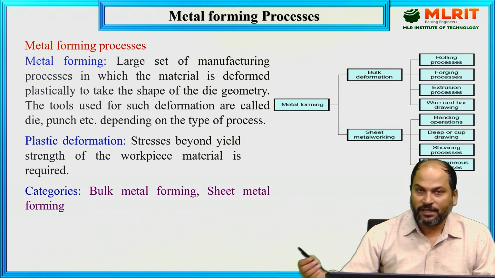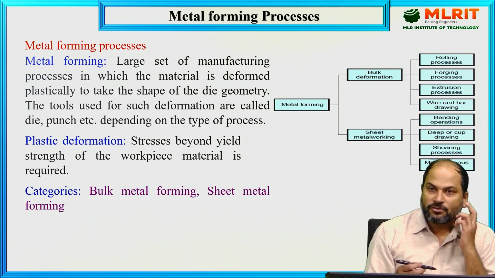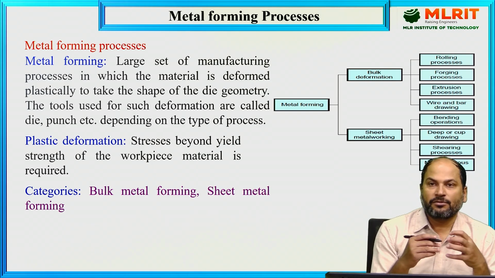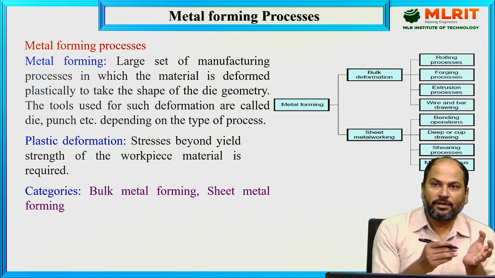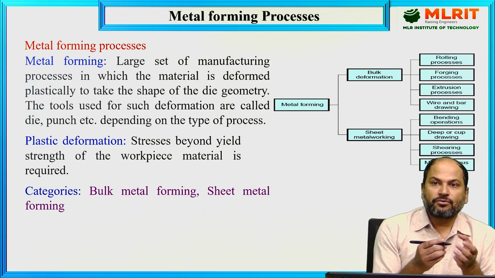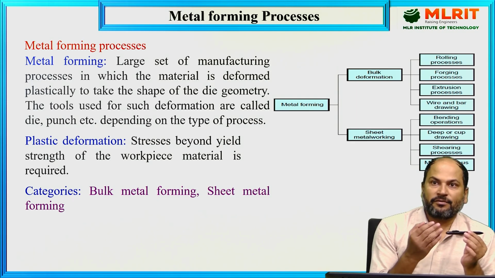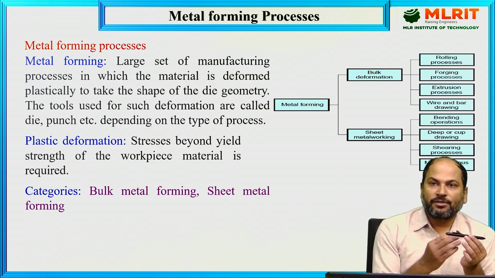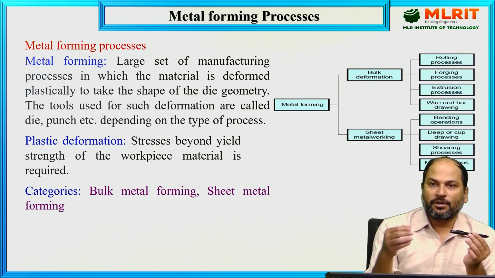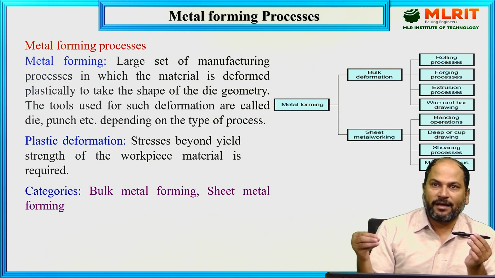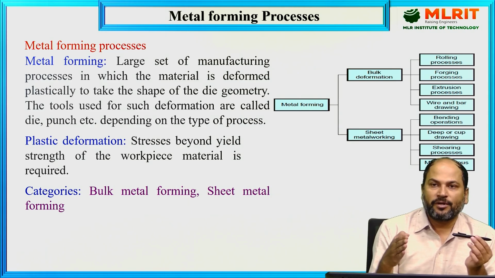We have already discussed casting in this course, and we have also discussed welding. In casting, we used to melt the solid, whichever material we are going to cast. A predefined mold was there, with a mold cavity that we used to prepare with the pattern.